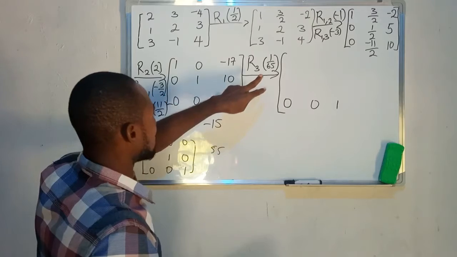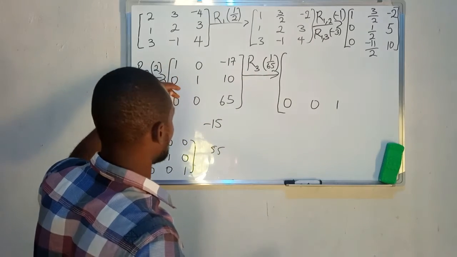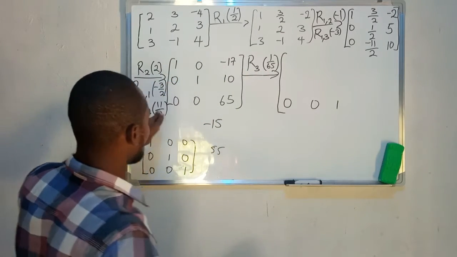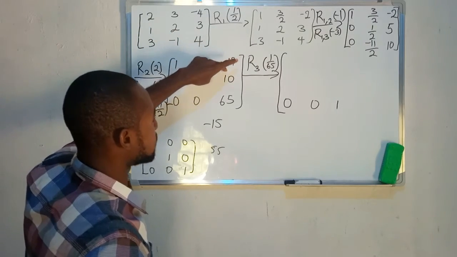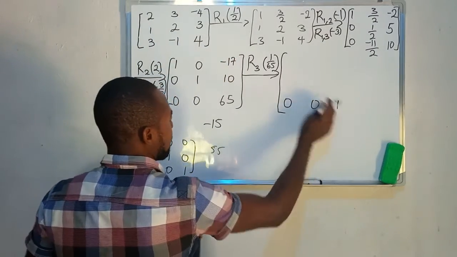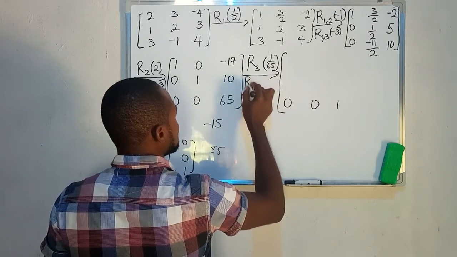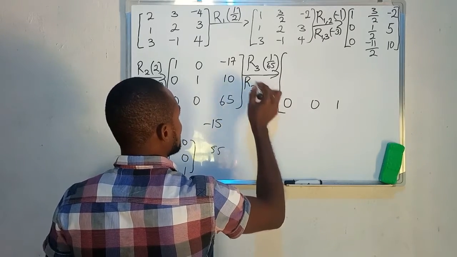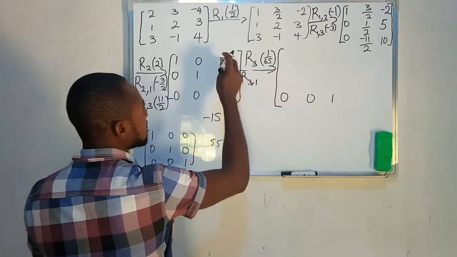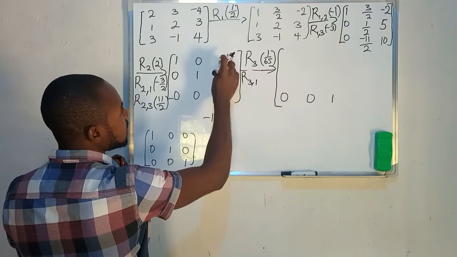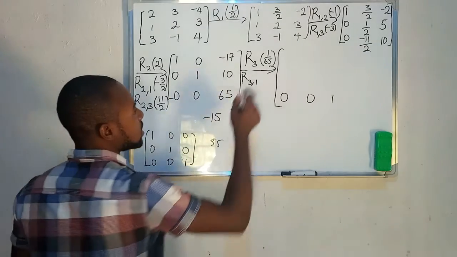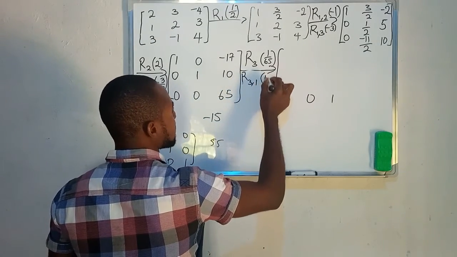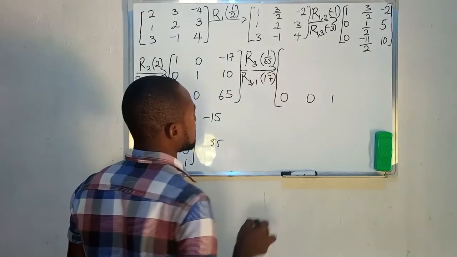And then going to the first, we're going to use the third row to reduce the first row, which is trying to make this to be 0. So right here we'll have 1 already, and then we will use the third row to reduce the first row, doing this with 17, the additive inverse of what we have here. And so the additive inverse of minus 17 is 17.